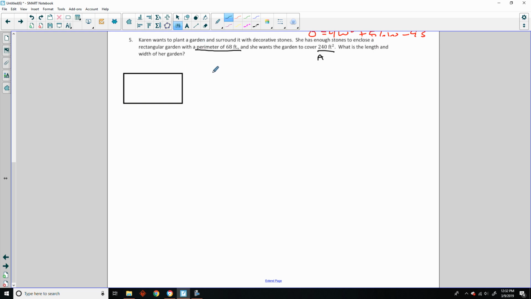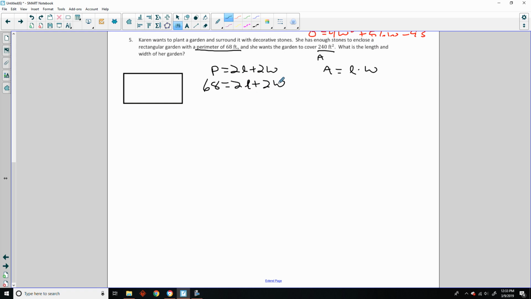So, perimeter equals 2L plus 2W. Area equals length times width. We're told perimeter is 68, so I substitute in my given. 68 equals 2L plus 2W.